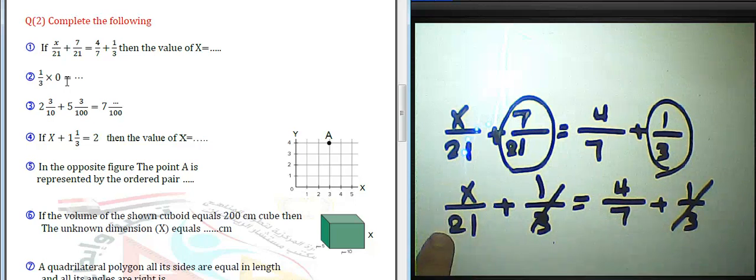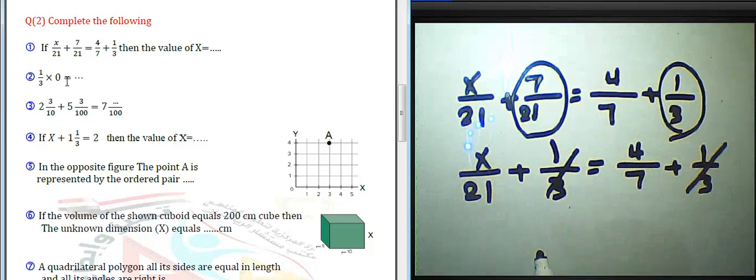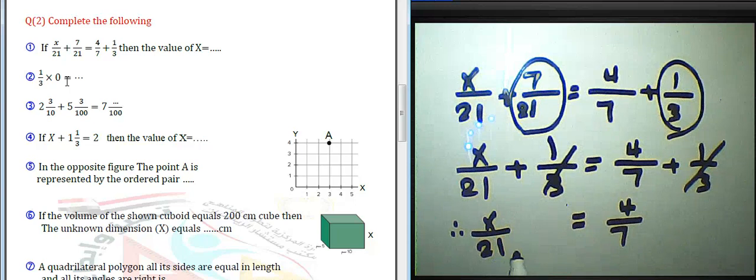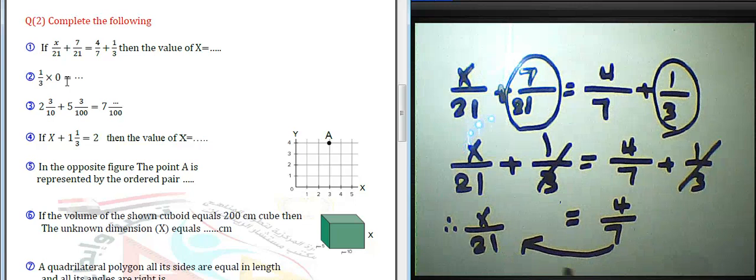Then x over 21 equals 4 over 7. Ask yourself, 7 multiplied by what equals 21? 7 multiplied by 3. Then 4 multiplied by 3 equals 12. Then x will be equal to 12.